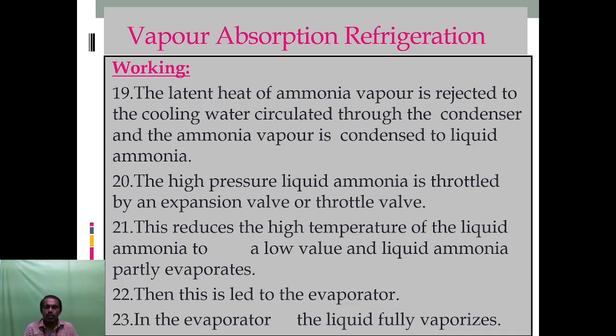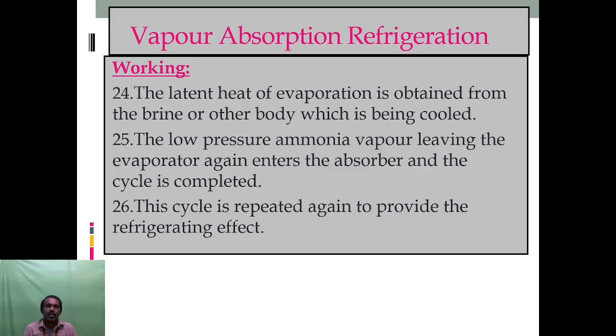Then this is led to the evaporator. In the evaporator, the liquid is fully vaporized. The latent heat of evaporation is obtained from the space and other bodies which are being cooled. The low pressure ammonia vapor leaving the evaporator again enters the absorber and the cycle is completed. This cycle is repeated again to provide the refrigerating effect.